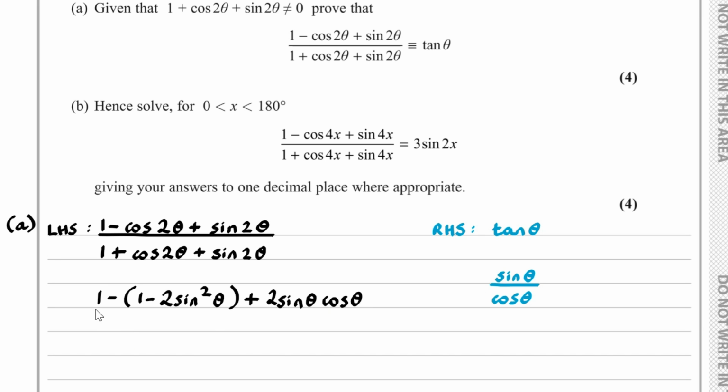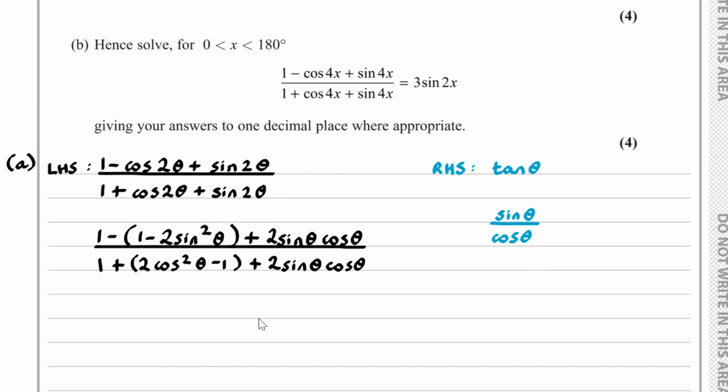And on the bottom, we've got 1 plus cos 2 theta. Now let's make sure the bottom has something involving cosines. It might make our life a lot easier. We've got 2 cos squared theta minus 1, and then of course sine 2 theta is the same as 2 sine theta cos theta, and of course the 1 and the minus 1 cancel out.